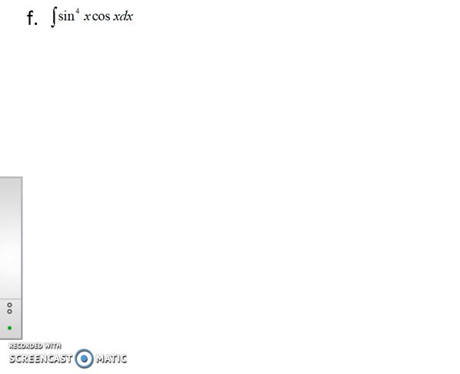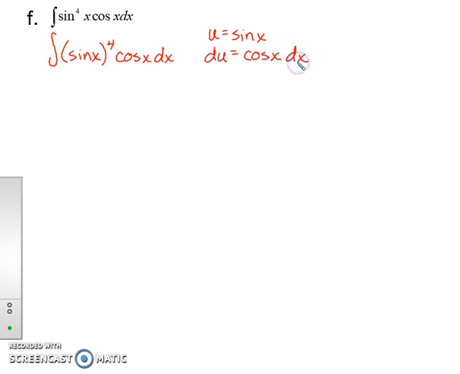Notice that sine of x is inside of that 4. This is like saying sine of x to the fourth power times cosine x dx. So the inside function there is sine of x. Now the awesome thing is that when I take the derivative of that, the derivative is cosine x dx. So there's my du.